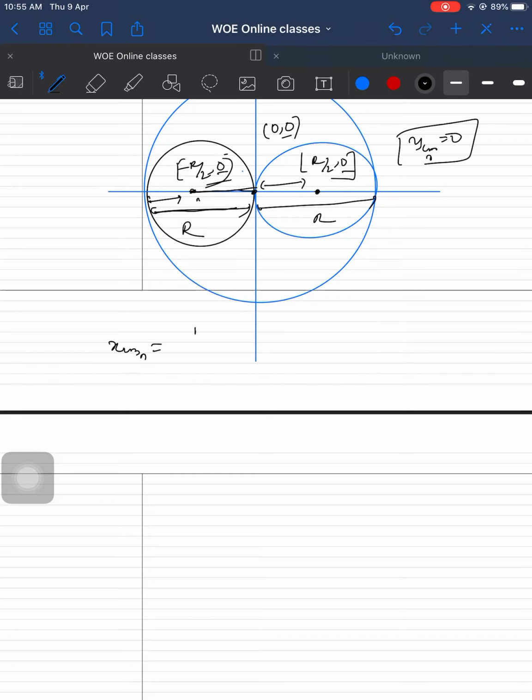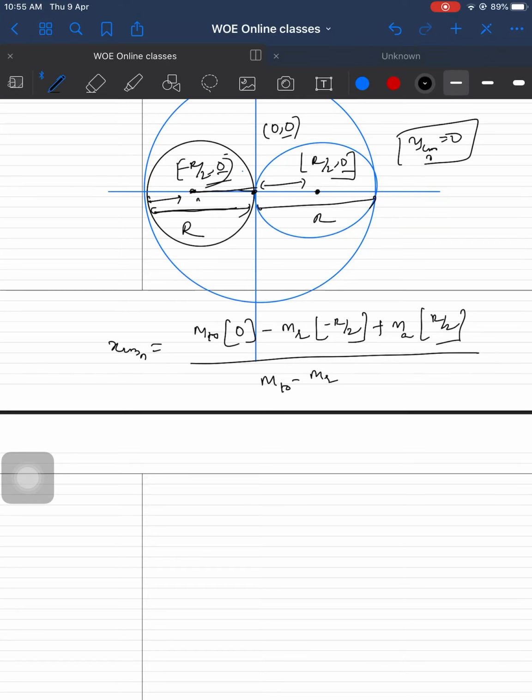It is equal to m total into initially 0, minus mass removed into the position of removed mass, minus r by 2, plus mass added into the position of mass added, r by 2, divided by m total minus m removed plus mass added.